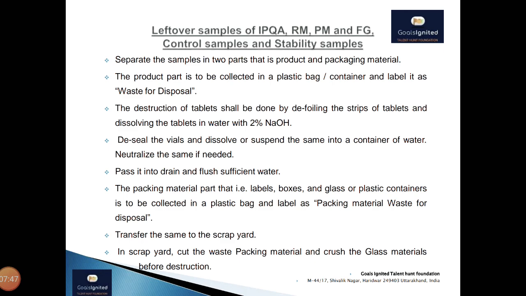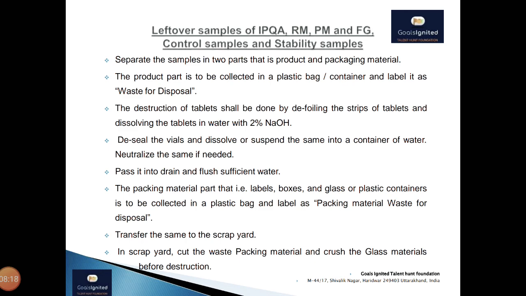For example, if a medicine is packed in a carton with labels, insert and everything, the primary packing material must be segregated from the other packaging material, because the packaging material needs to be torn off, and the primary packing material containing the expired medicine needs to be decanted from the primary container into a big container for further destruction.